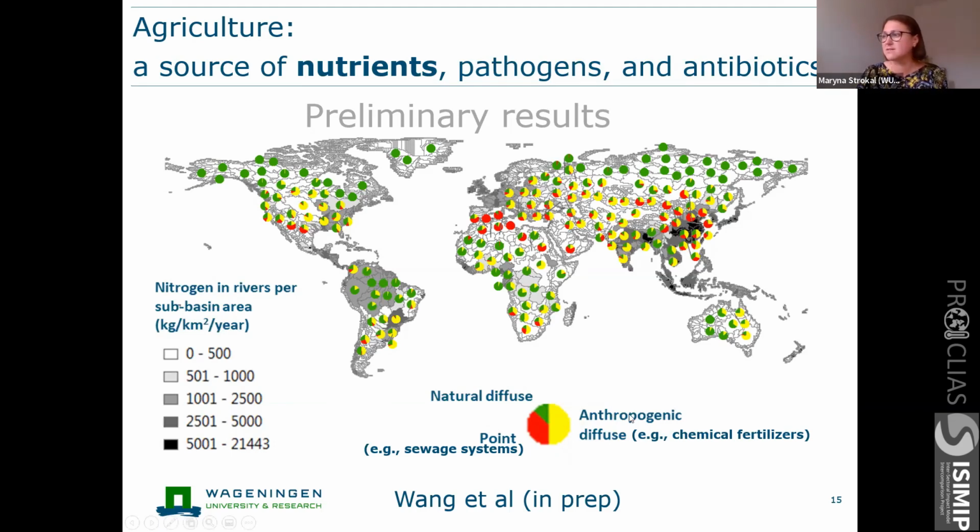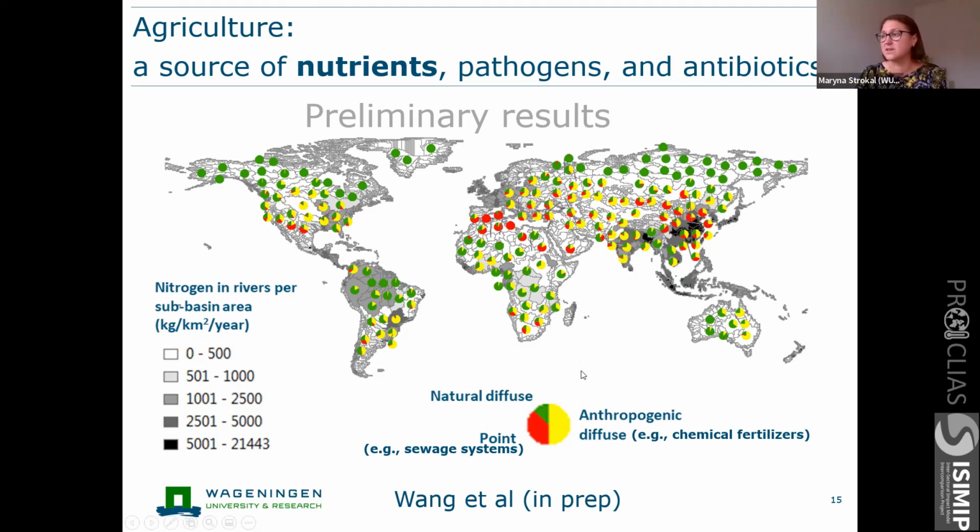So we call it anthropogenic diffuse sources, natural diffuse sources, and point sources. Anthropogenic diffuse are, for instance, the use of chemical fertilizers on the land, and then you have runoff from crop land to the rivers. Point sources are, for instance, sewage systems in cities, and natural diffuse sources are the runoff from natural systems.